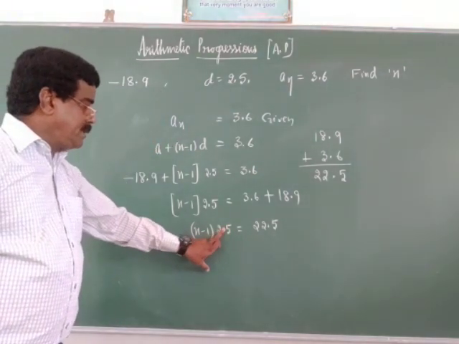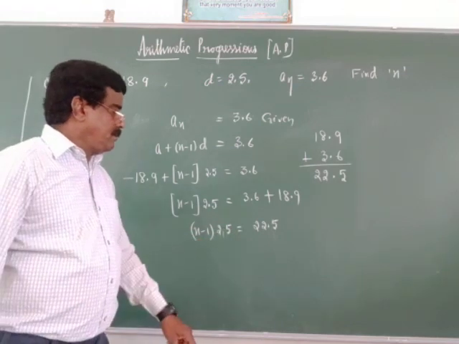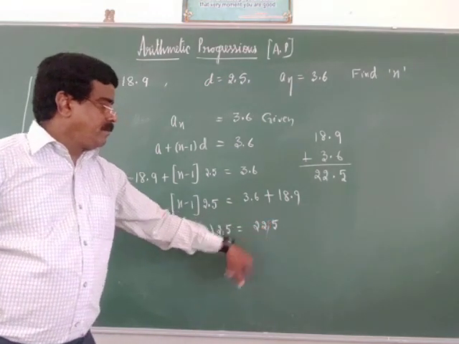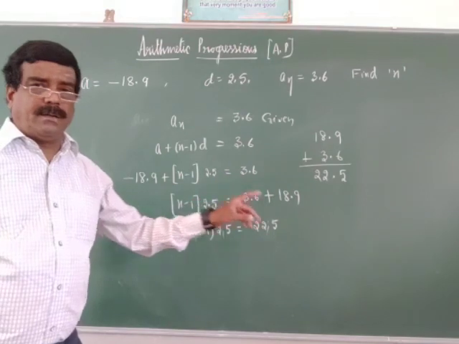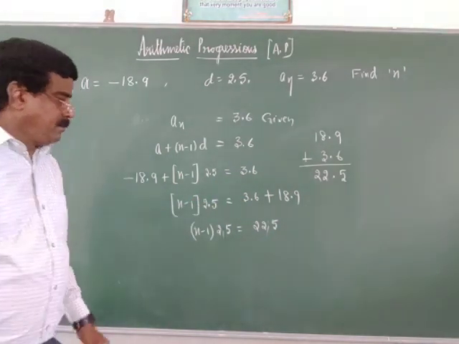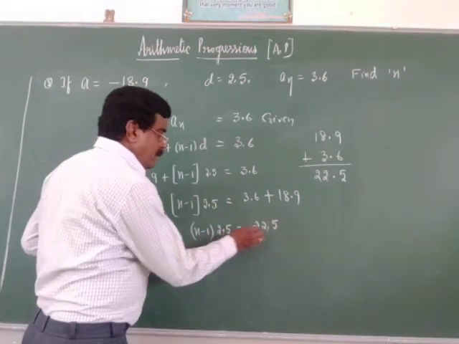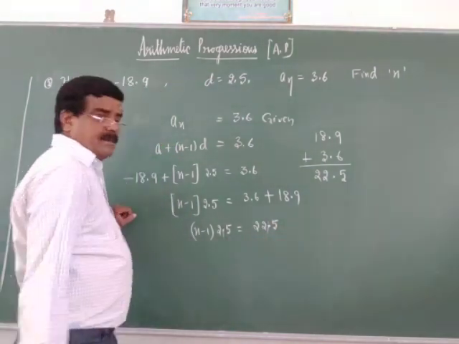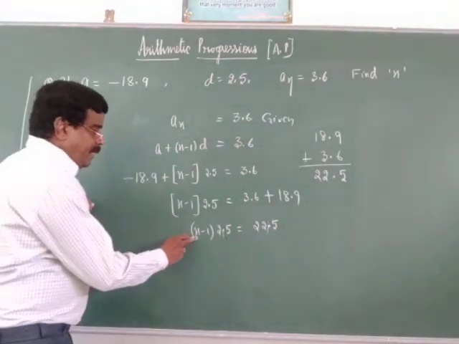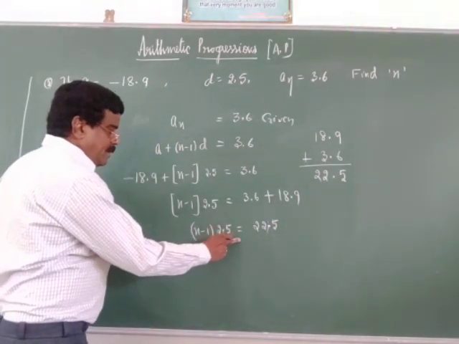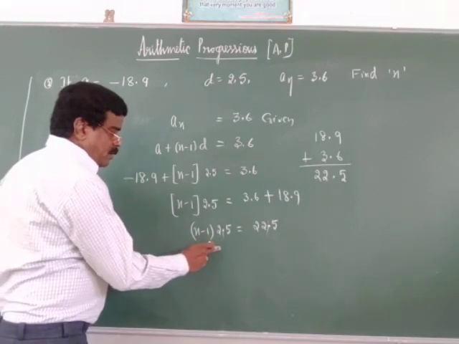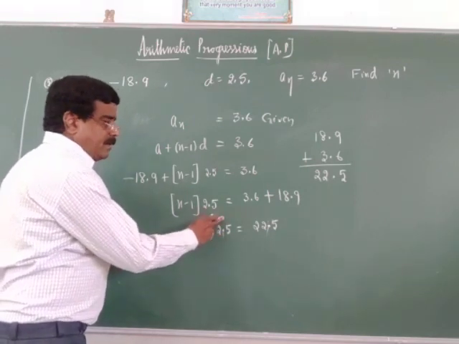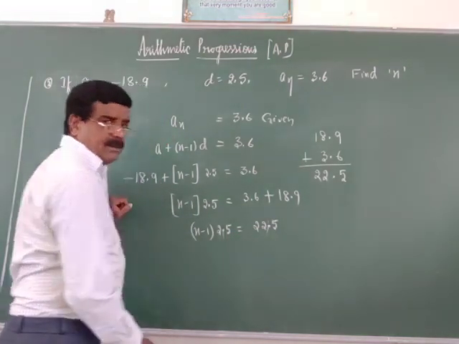Imagine that there is no decimal. This becomes 25 and 225. But you must be very careful here. Better show the steps. Now n minus 1 is multiplied by 2.5, so it should go to the other side as divided by 2.5. So 2.5 gets cancelled.